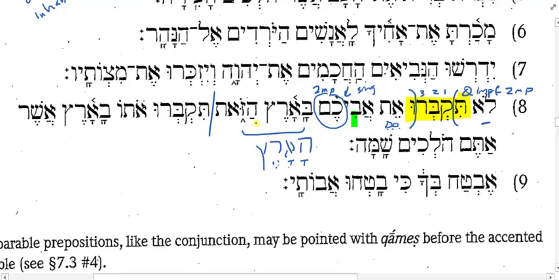Okay, now then I have tikbaru, which is another verb form, and it's identical to the first one, so all the same ways that I analyzed it here, I can analyze it here. Prefix tav, shureq at the end, it's a Qal imperfect 2MP. So you will bury otho, you will bury who?